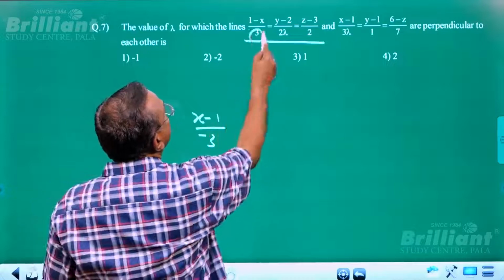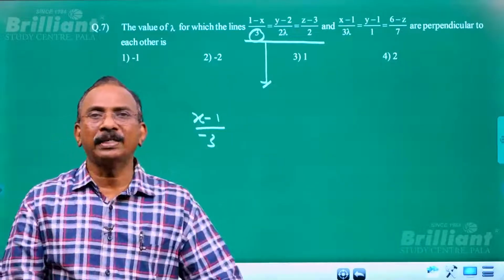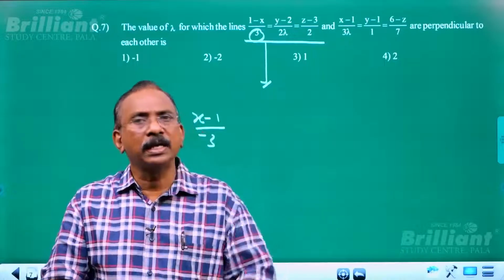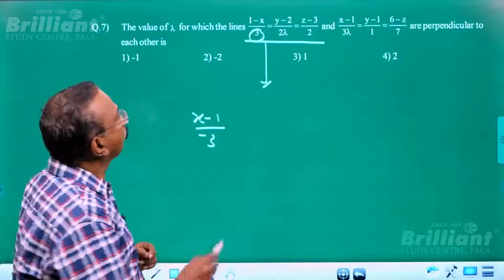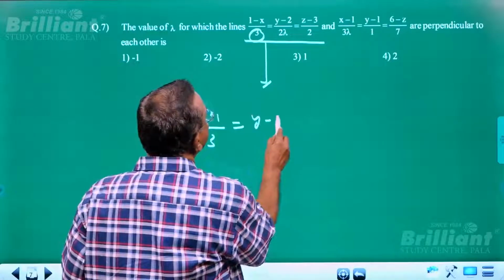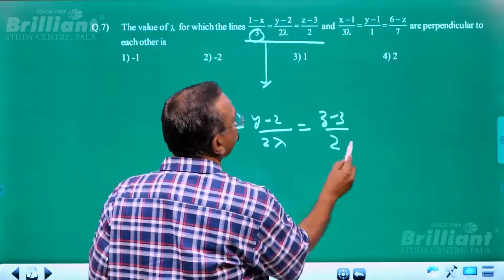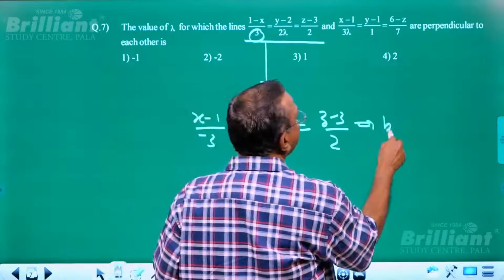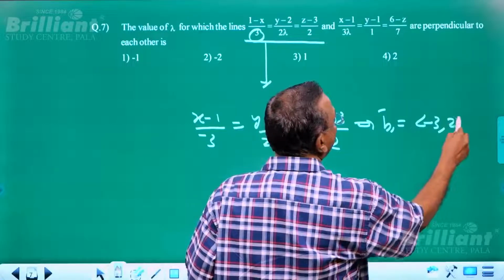Here it is given as 3, but here it is x minus 1. So whenever you are reversing to find the exact order, you should keep the sign, and that will give you (x minus 1) by minus 3, which is equal to (y minus 2) divided by 2 lambda and (z minus 3) divided by 2.